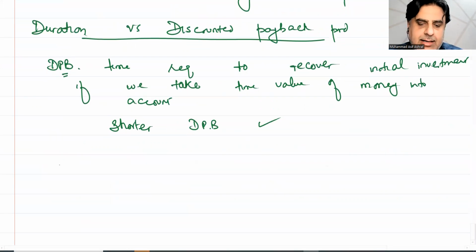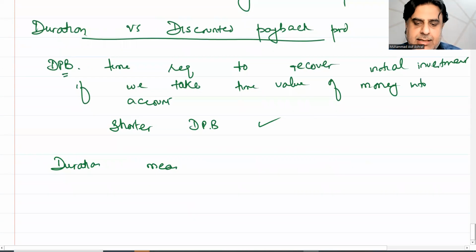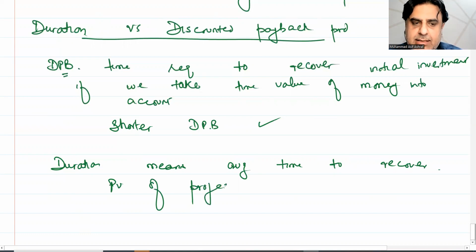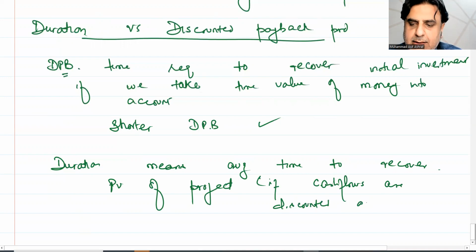On the other hand, duration means the average time to recover the present value of the project if cash flows are discounted at the cost of capital.